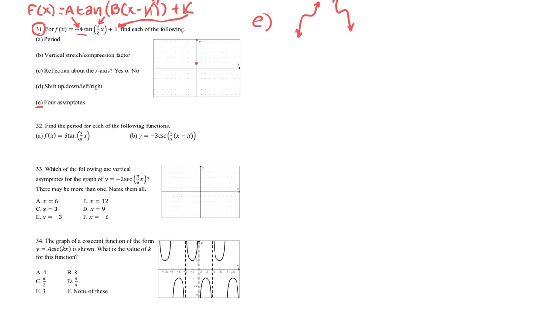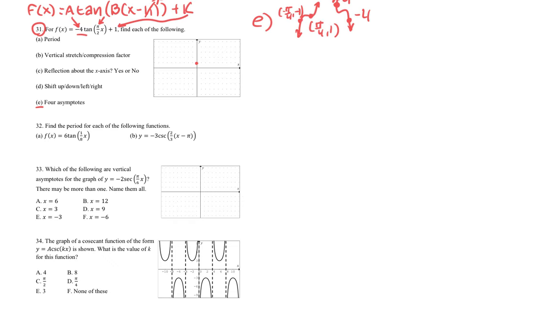We also know that we have a vertical stretch by a factor of 4, so where we would normally have a point at pi over 4, 1, and negative pi over 4, negative 1, instead of having those negative 1 and 1s, we would expect to have 4 and negative 4 for our y values.